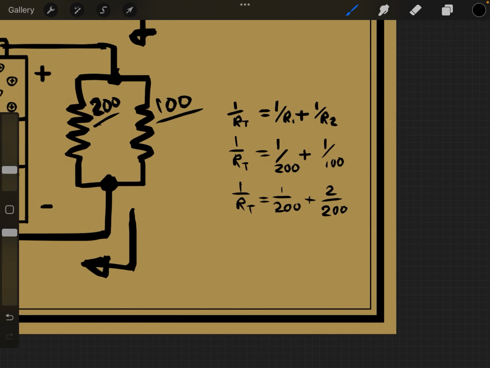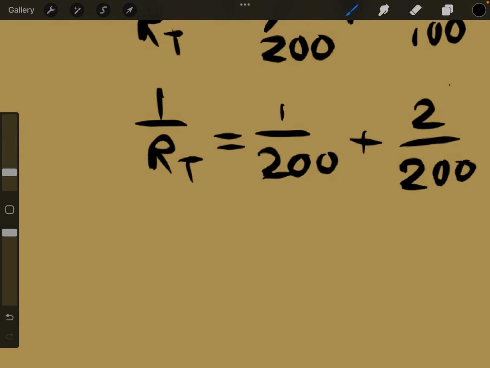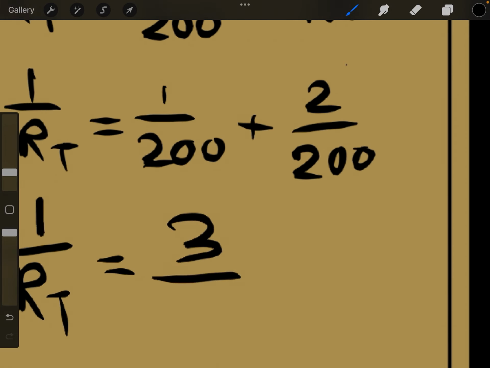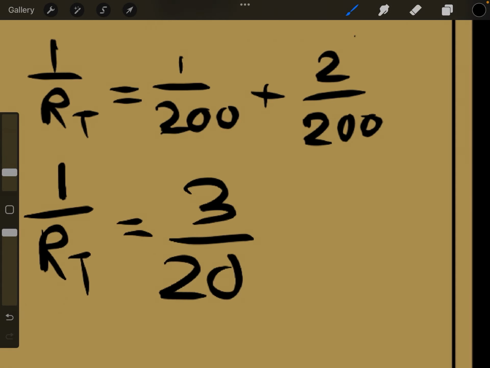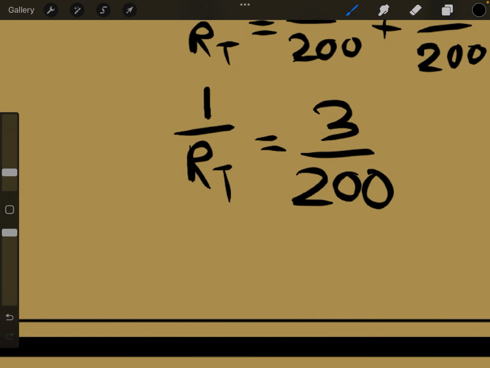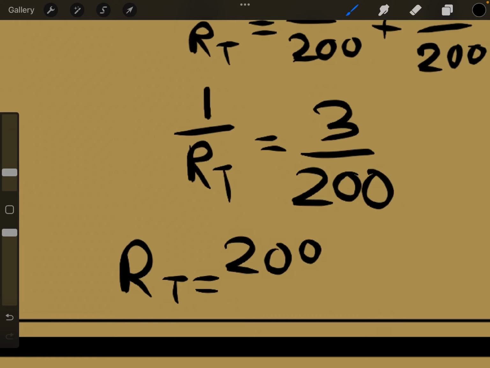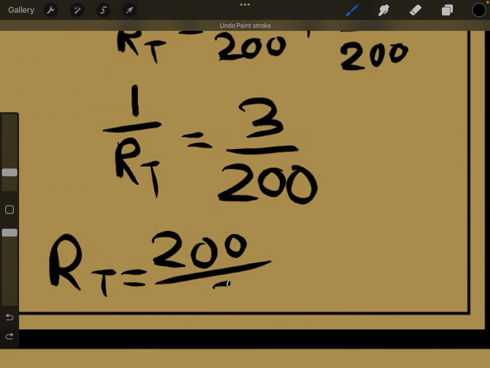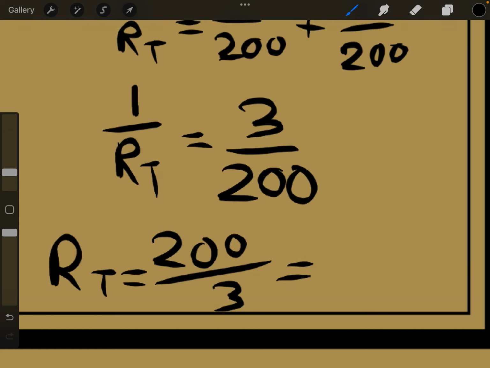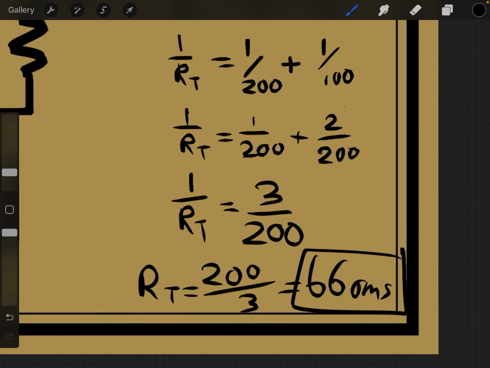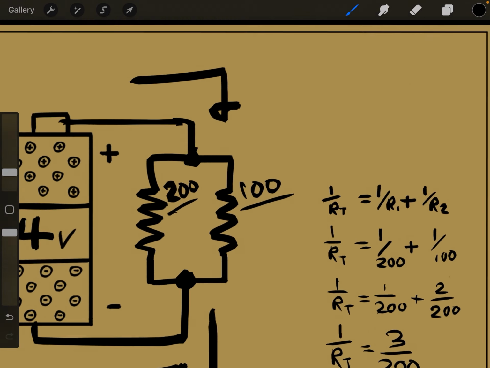And I can already see that I haven't really done myself a favor with these numbers. 1 over RT is equal to 3 over 200, which means RT is equal to 200 divided by 3, or about 66 ohms. 66 ohms? Is that correct?